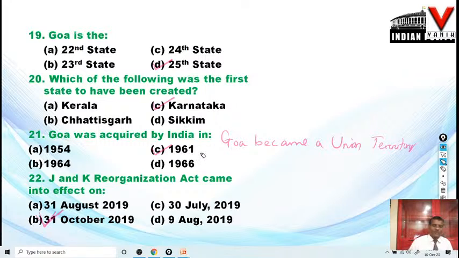Goa became a union territory in 1962, by the 12th Constitutional Amendment Act. So 64 is not the answer; the answer is 61. It was acquired, meaning captured. So 61 is the answer. Okay, now we shall see the next thing.